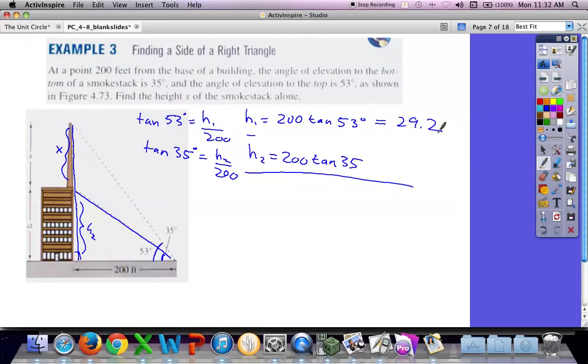And then I've got 200. Oh, actually, that last one was wrong. 200 tan 53 was 265.4. That sounds better.